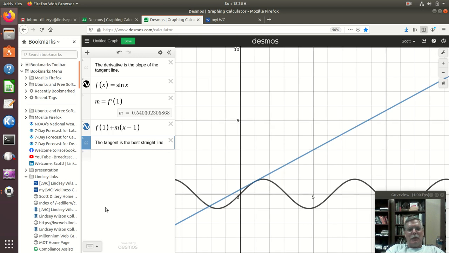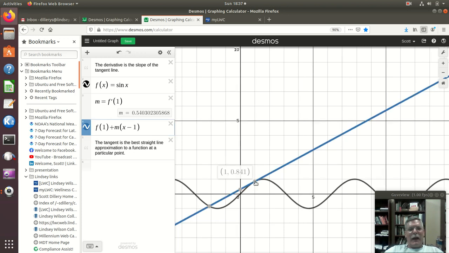Well, of course, most lines are straight, I suppose, but it is the best straight line approximation. That is what a tangent line is, and we can look at that here.